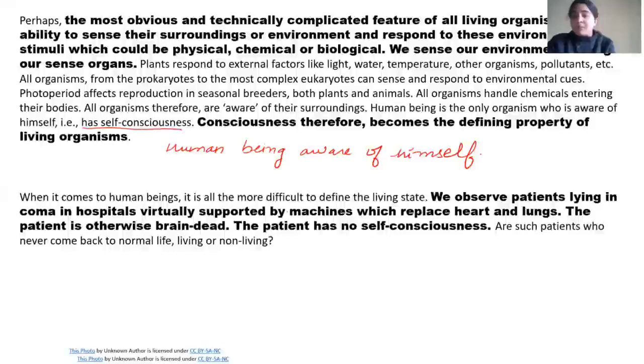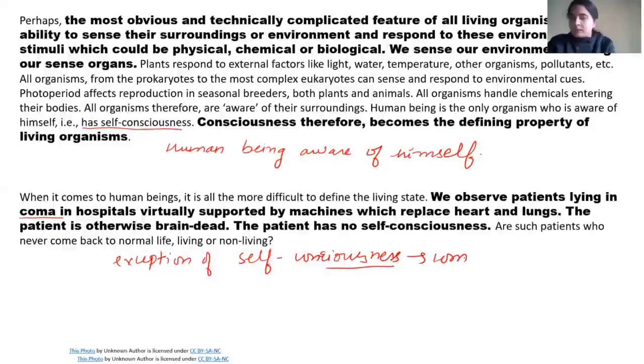That is a coma person, who is supported by machines which replace the heart and lungs. But that person is not aware of himself. There is no self consciousness in that person. So self consciousness has an exception: the coma person.